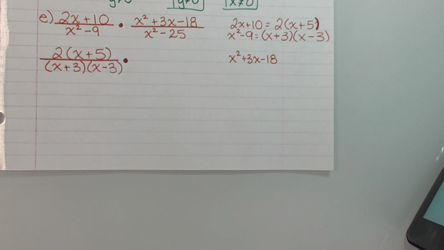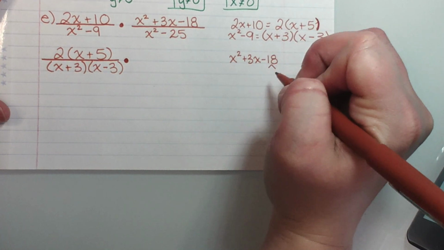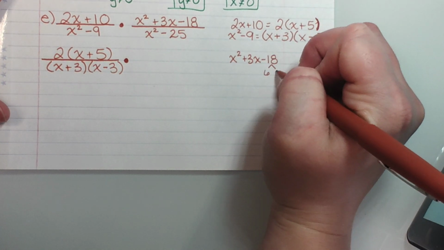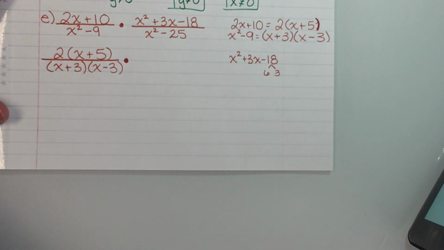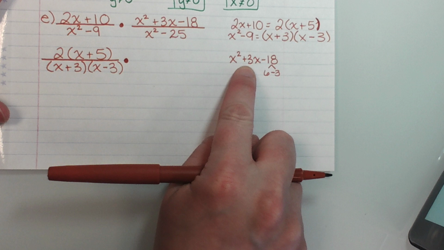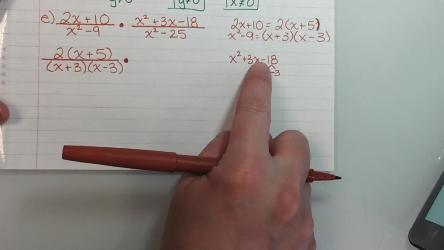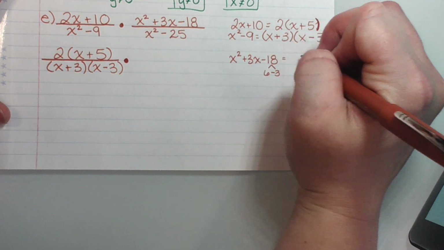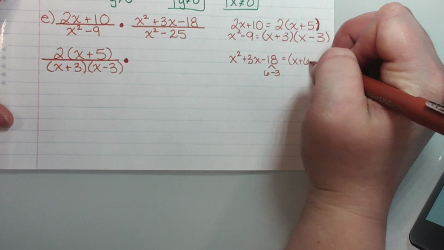Shortcut's the fastest way on this one. Two things that multiply to negative 18 but add to 3. I heard 3 and 6, but which one has to be negative to make this work? The 3, because I want it to add to a positive 3 and multiply to a negative 18. x plus 6, x minus 3.